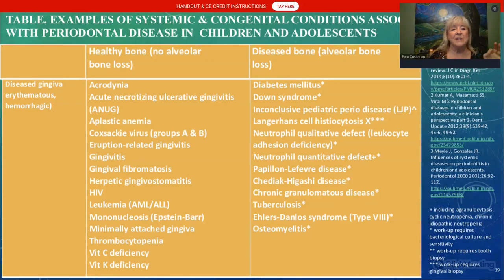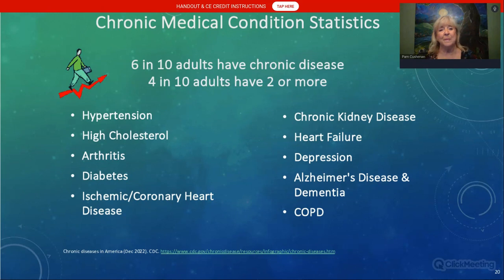So if you'll note, the healthy bone list includes gingivitis, herpetic gingivostomatitis, HIV, leukemia, mononucleosis, etc. The diseased bone, alveolar bone loss that we would see evidenced on x-rays, includes diabetes mellitus, Down syndrome, and a number of other ones. So this chart is for you to use. It's got some great information for you to refer to.